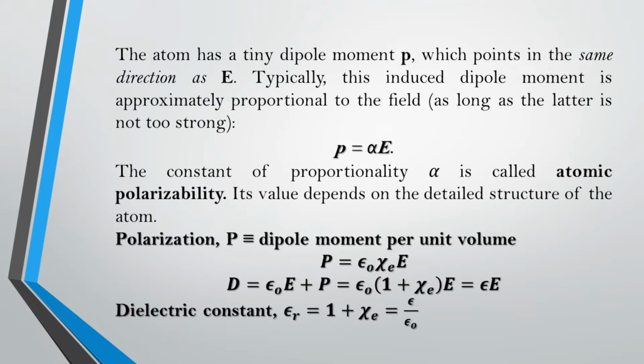But here the polarization is the electric dipole moment per unit volume, and it is also proportional to the field E. So capital P, that is polarization, is equal to epsilon naught chi E, where epsilon 0 is the permittivity of vacuum, chi is the electric susceptibility, and E is the external electric field.